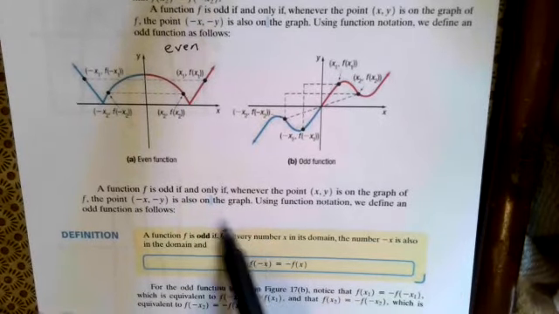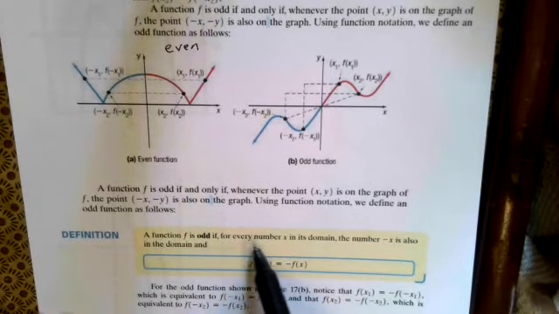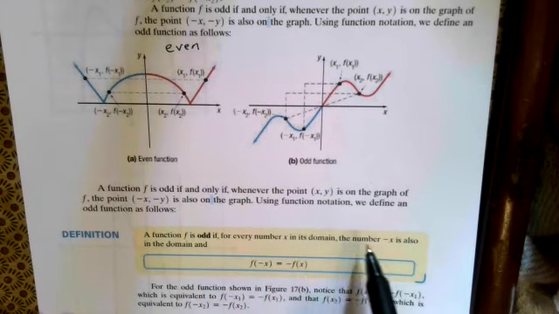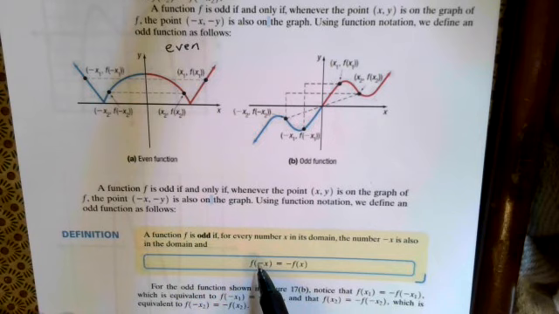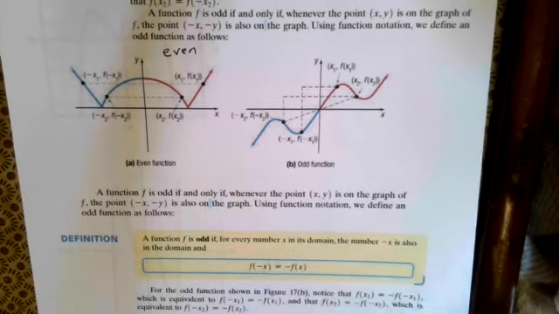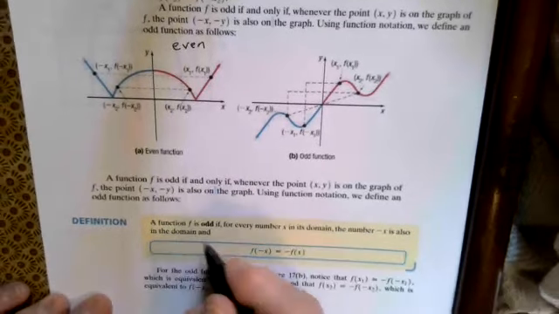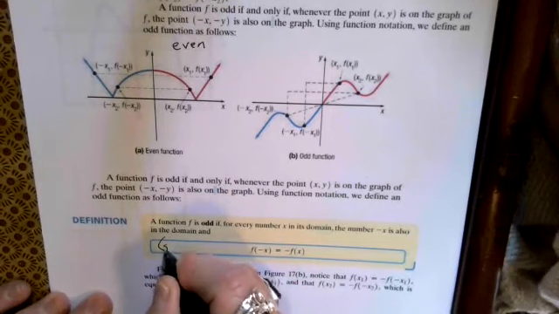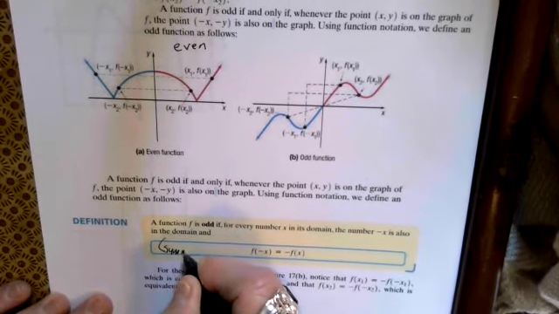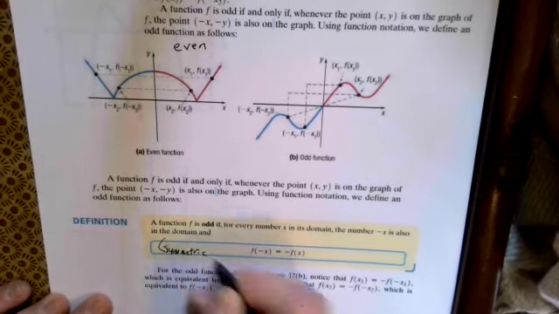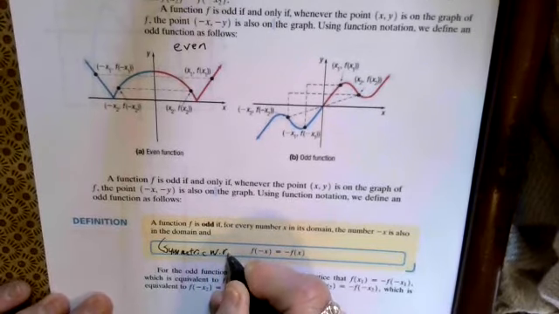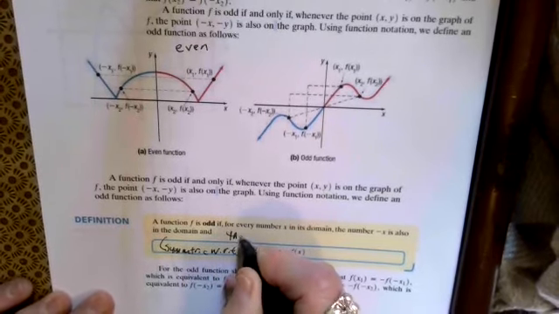A function f is odd if for every number x in its domain, the number minus x is also in the domain and f of minus x equals minus f of x. This is the same thing as we would call symmetric with respect to the origin.